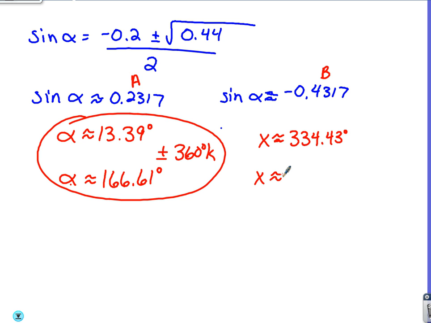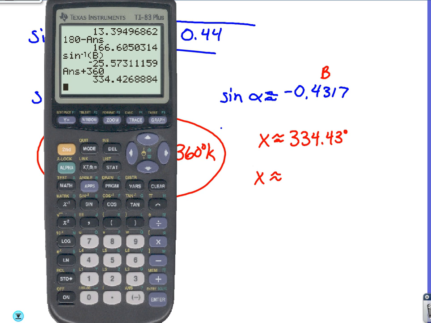That's quadrant 4. We should have another answer in quadrant 3. What's my reference angle, by the way? Does anybody know? 25.57. Yeah, there's your reference angle right there. The sine of negative 25.57, so 25.57, that's your reference angle. So I'm going to have another answer in the third quadrant that's going to have that exact same sine value, right?